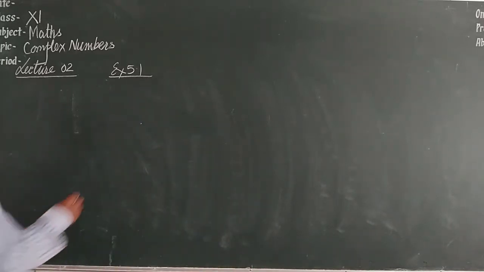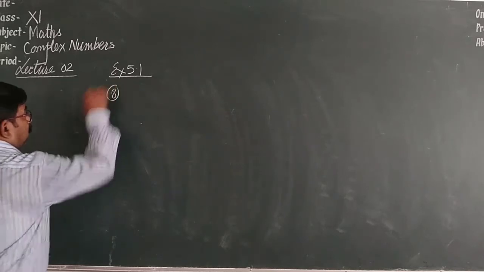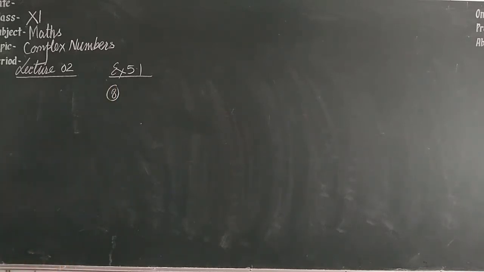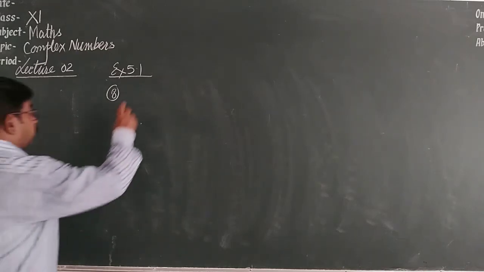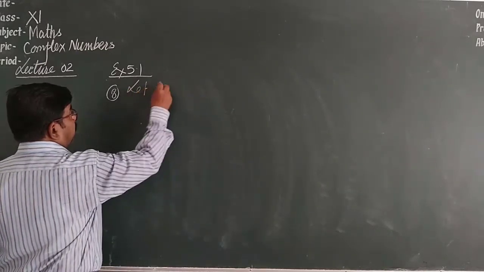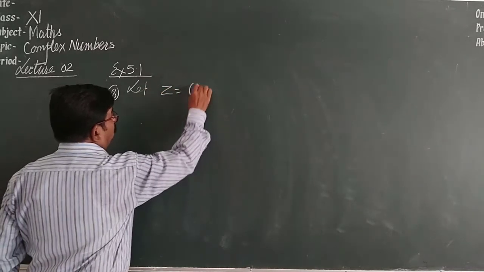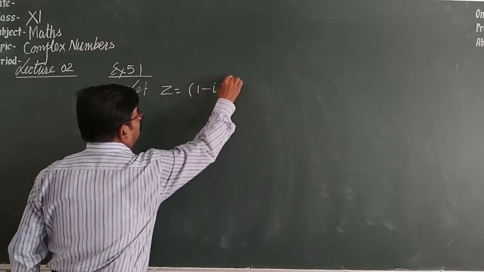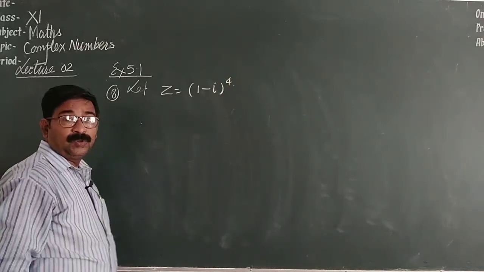Question number 8 is given. See, 1 minus i whole to the power 4. Let z is equal to 1 minus i whole to the power 4.